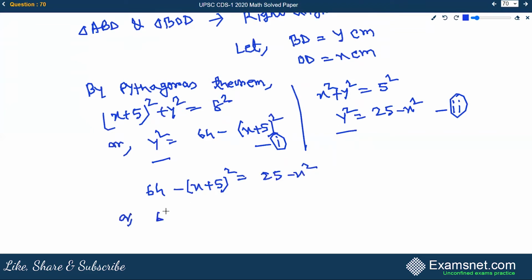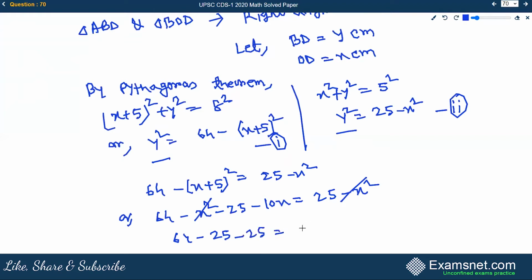So now let's solve it to get the value of X. Expanding, we have 64 minus 25, also minus 25, and 10X.